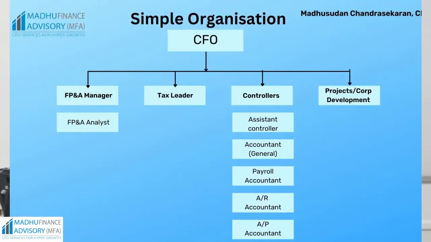So maybe one person for compliance, tax regulatory compliance could be there who reports into the CFO, and you can also probably think of a risk and control manager who will report into the CFO. So this should be enough for most of the startup and early stage companies.